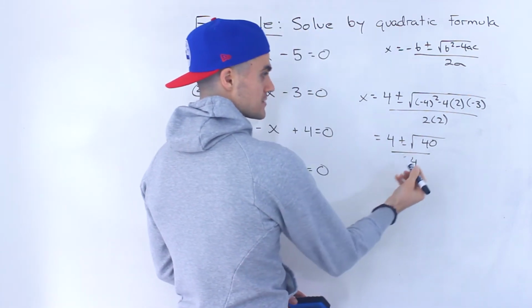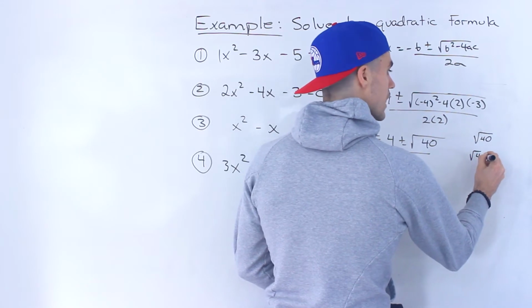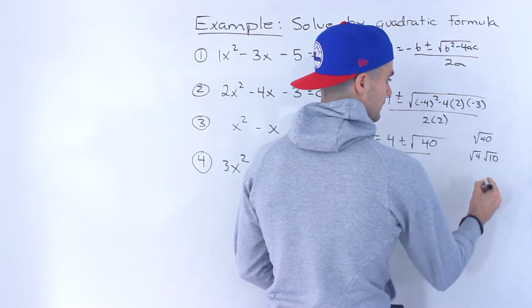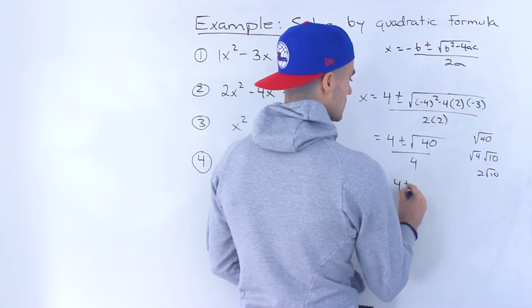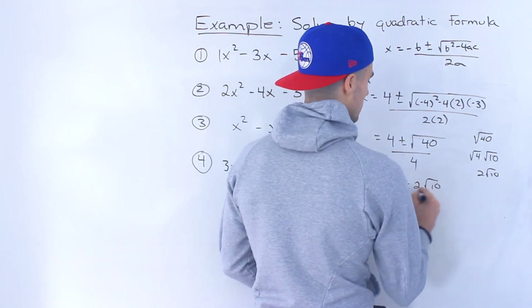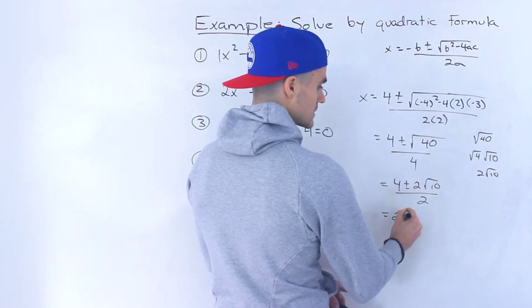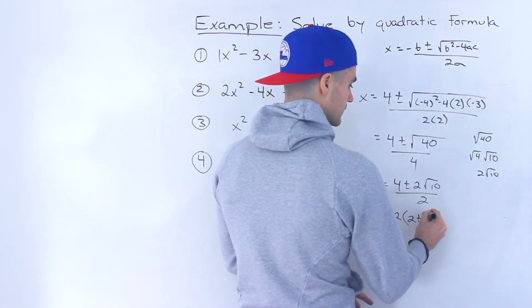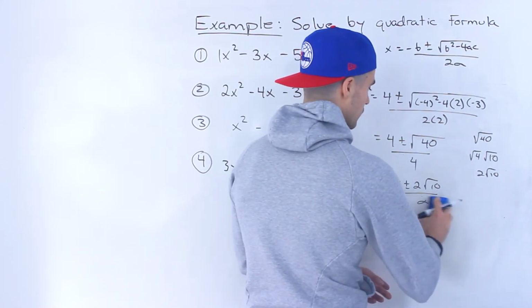And then the root 40 simplifies to root 4 times root 10, so it'd be 2 root 10. So this here would be 4 plus or minus 2 root 10, all over, sorry, there should be a 4 at the bottom.